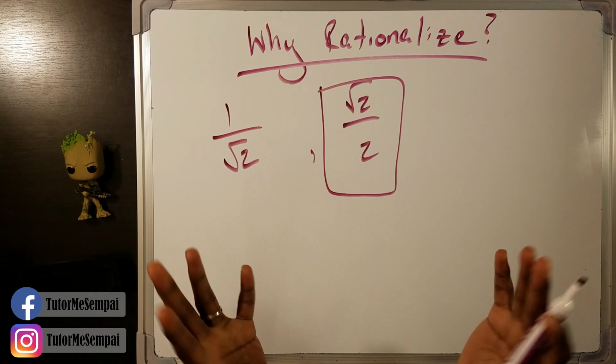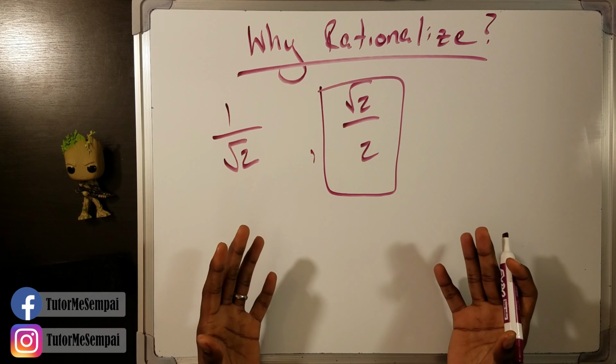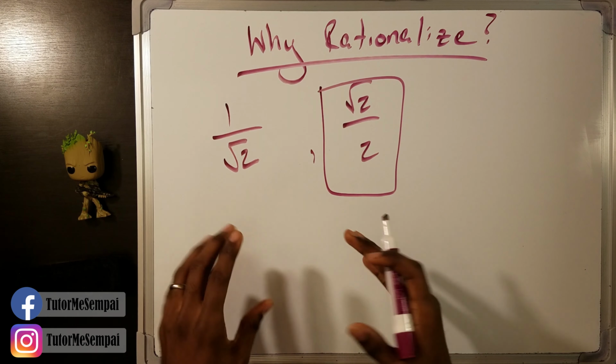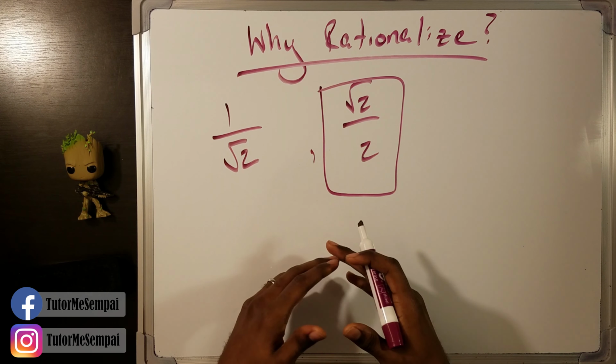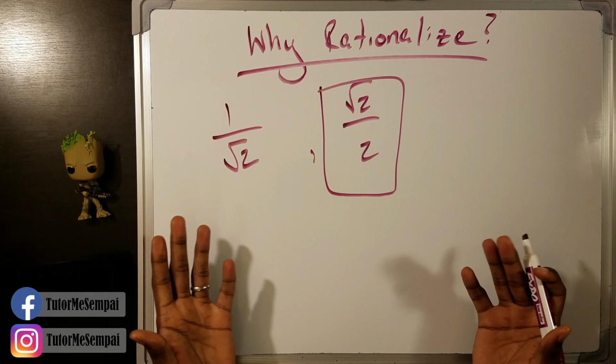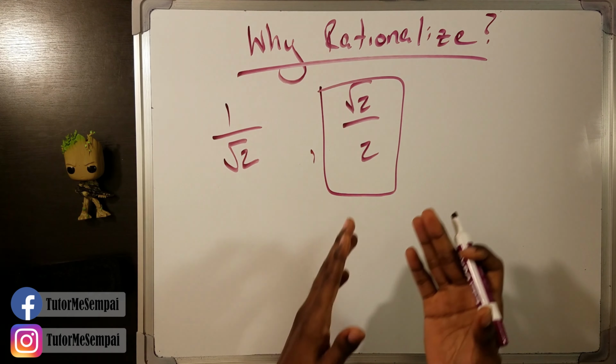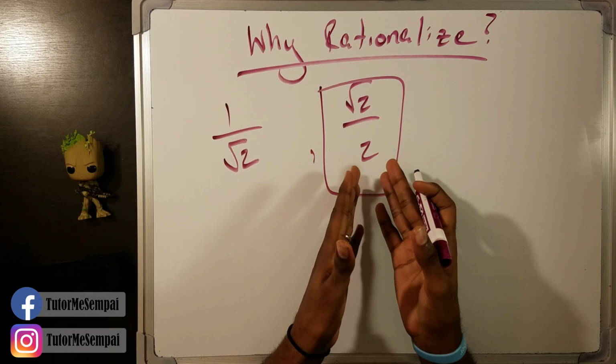But let's say we go beyond your teacher. Why do we even rationalize at all in general? Well, before calculators were a thing, rationalizing the denominator made calculating these fractions a little bit easier. Instead of dividing by something that was irrational, you can divide by something that is rational.